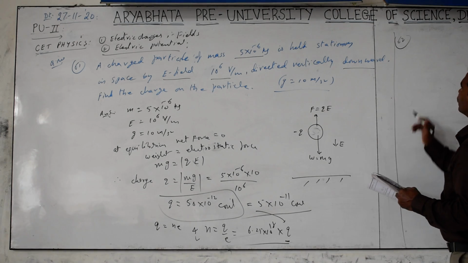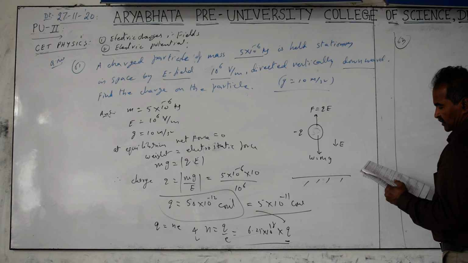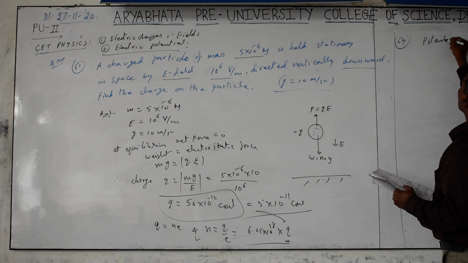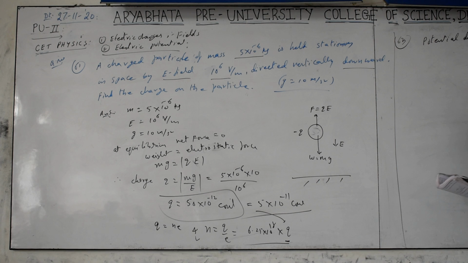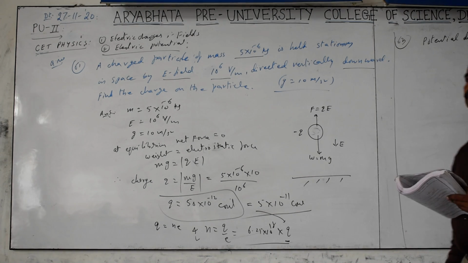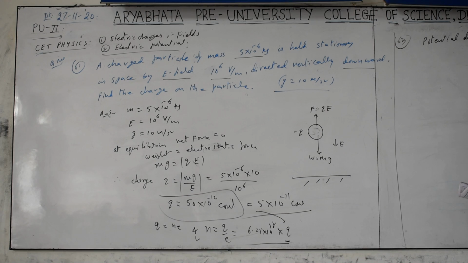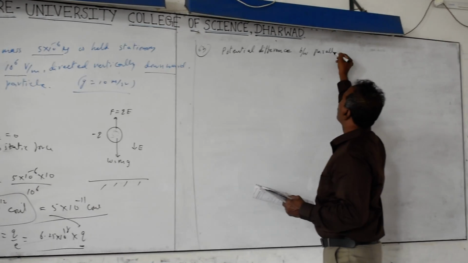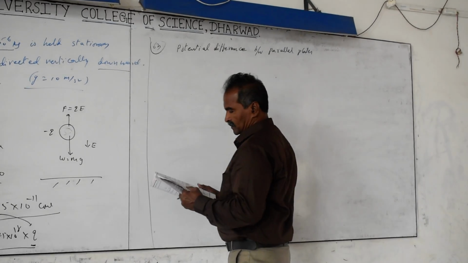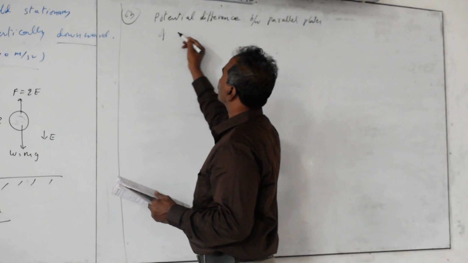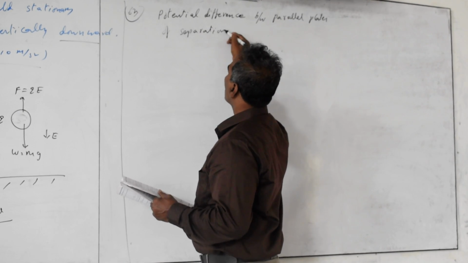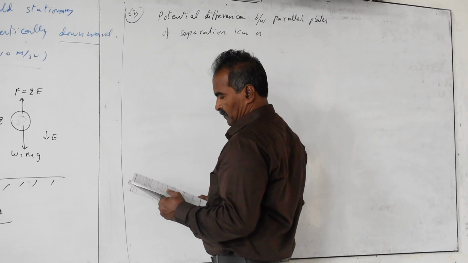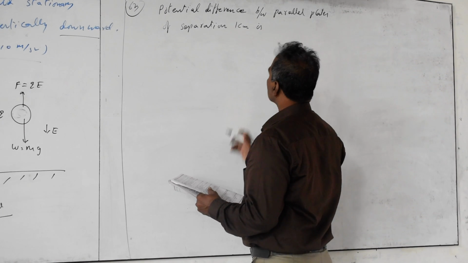Next is 63. These are simple, but I want to work out 63. The potential difference between parallel plates of separation 1 centimeter is 100 volts.